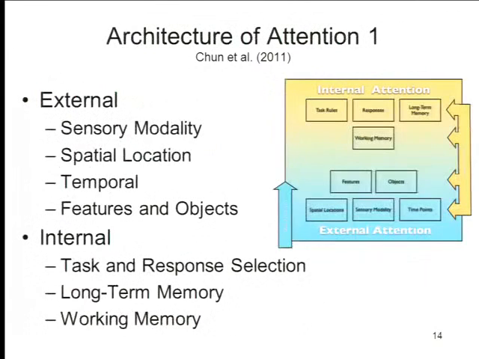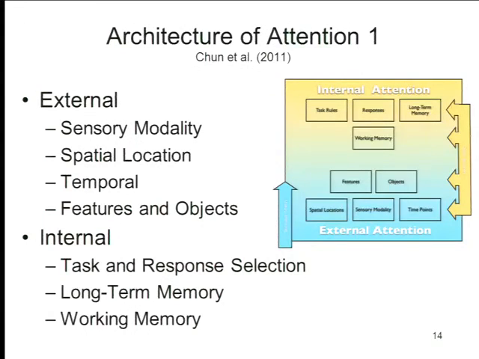Chun has also talked about what's known as the architecture of attention, in which he picks up on one of James's distinctions, the distinction between sensorial attention and intellectual attention. Chun calls it external versus internal. External attention enables us to focus on and process information coming to us from various sensory modalities.